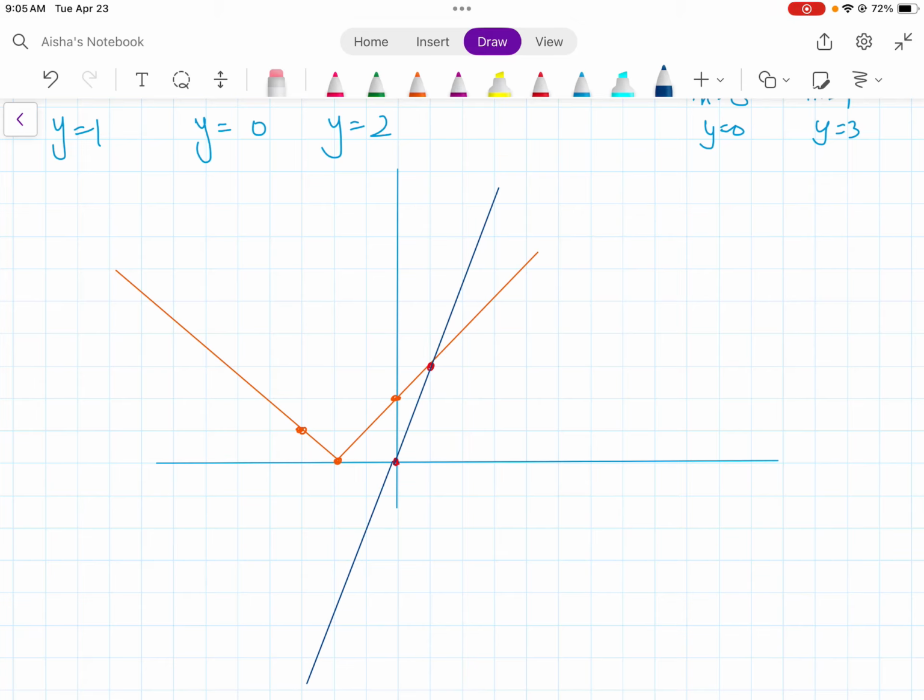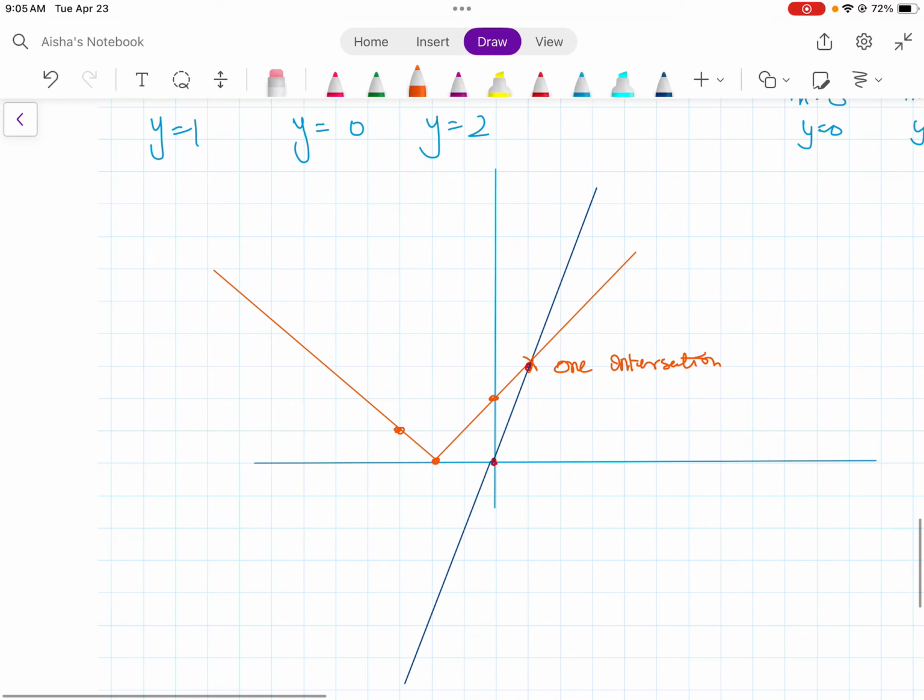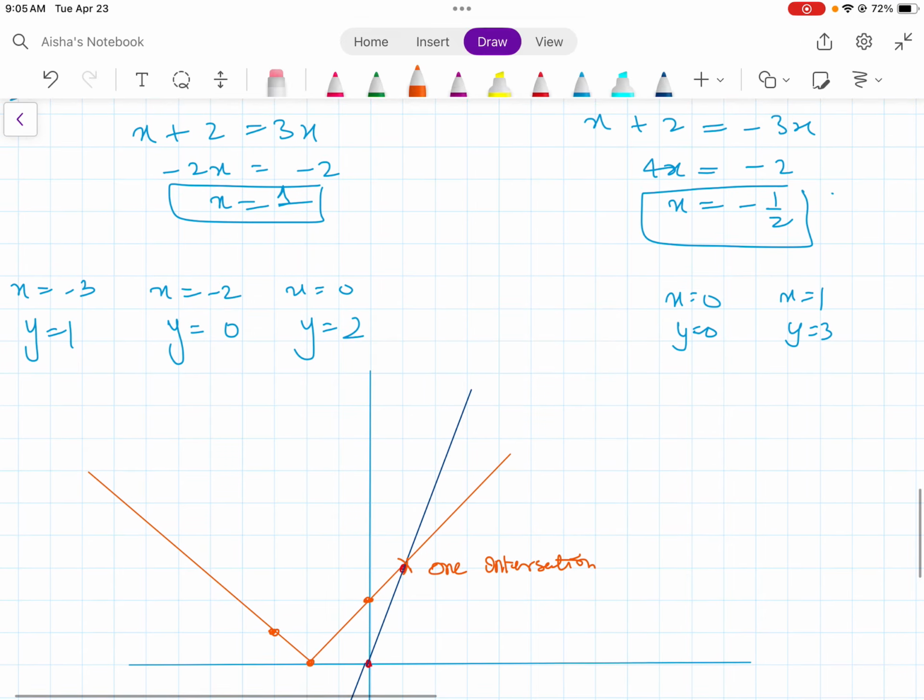You can clearly see there is just one intersection point, and that intersection point is a positive point. That means we will only be accepting 1. So this will be rejected because this is not intersecting the modulus graph.